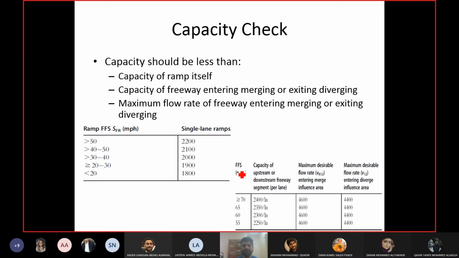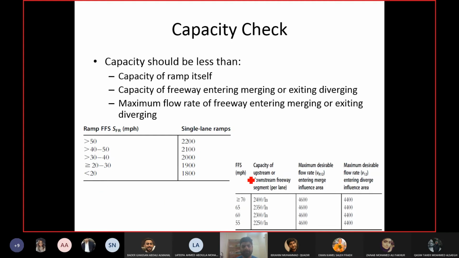Now the capacities are given here. Okay, the capacity of ramp for single lane ramp. All of them are given in passenger cars per hour per lane. Depending upon the free flow speed of the ramp, if it is less than 50, more than 50, then 2200, 4250, 2100 and so on.